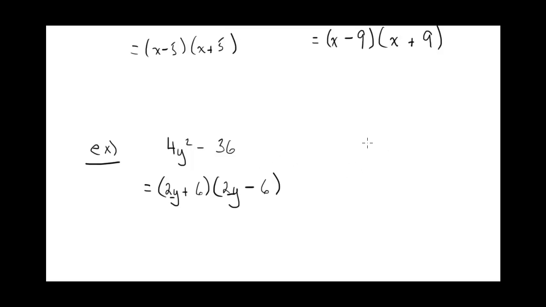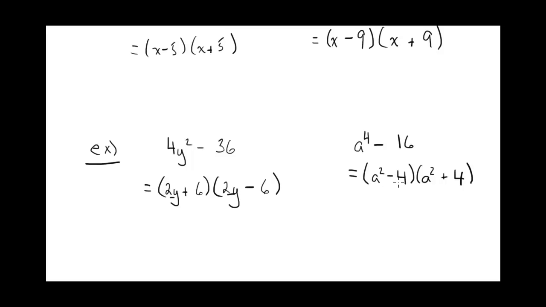Let's throw a to the power of 4 minus, oh, here's a good one, 16. So a to the power of 4, well, that's a squared and a squared, right? A squared times a squared is a to the power of 4. 16 is 4 and 4: a squared minus 4 times a squared plus 4.